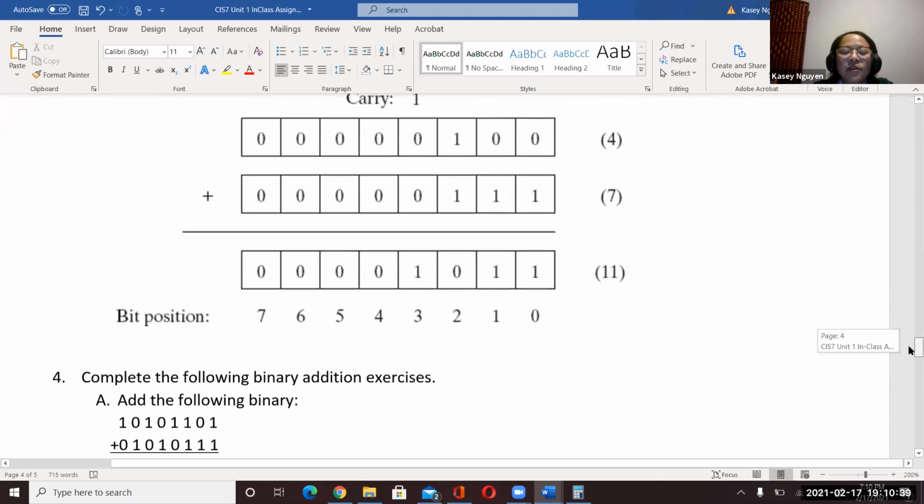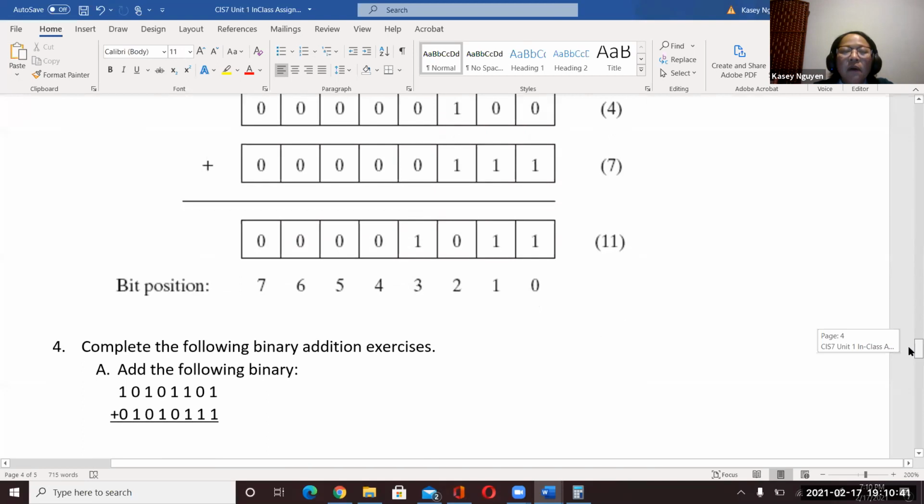So what I'm going to do is illustrate number 4A using the whiteboard on Zoom. I hope I enabled it for this. Let me stop sharing. I'm going to switch it real quick, okay? Actually, hold on.